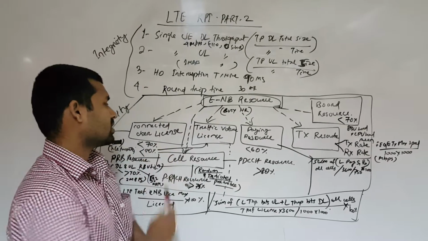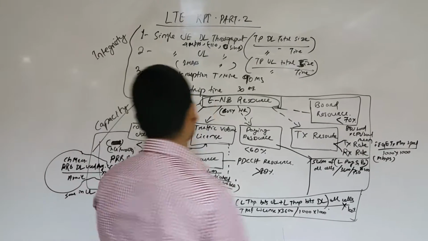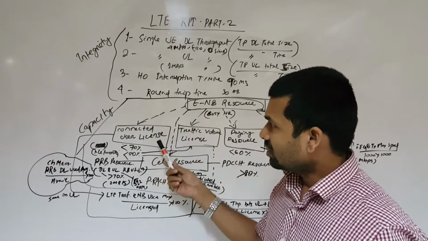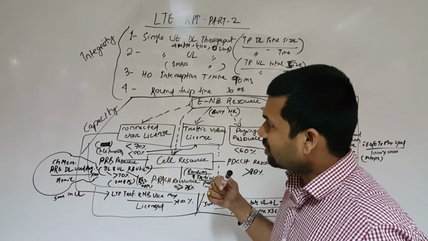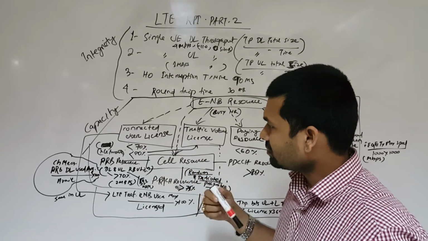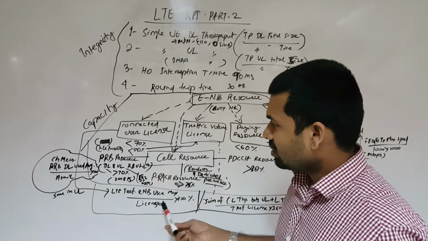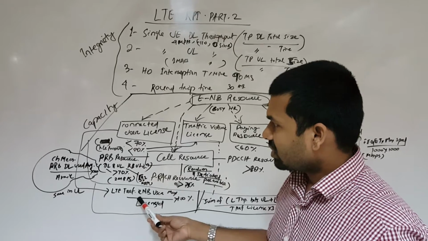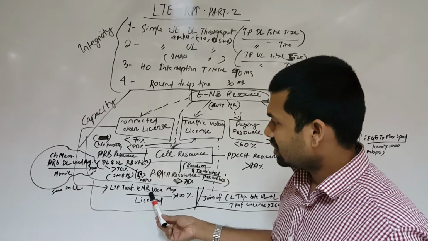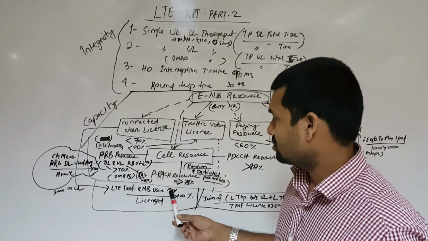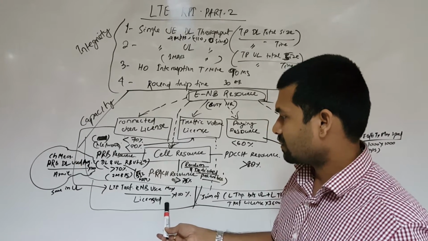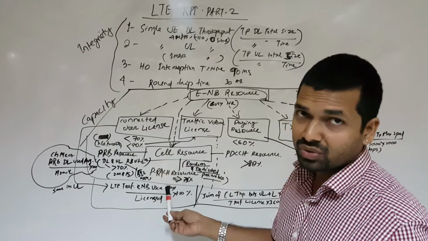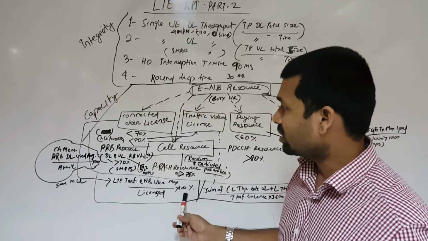Connected user license. If I go to connected user license, we can see the number of users connected. The formula would be LTE traffic eNodeB user maximum and LTE traffic eNodeB licensed, so the maximum number of users over the total license into 100%.